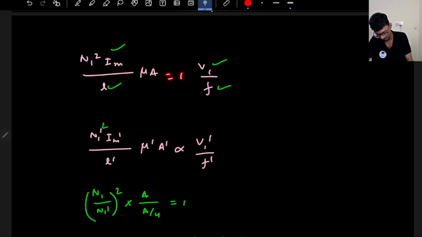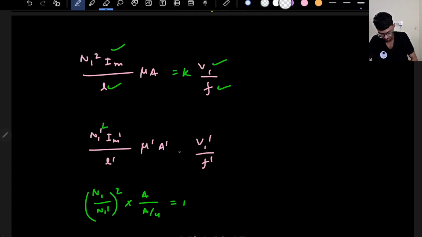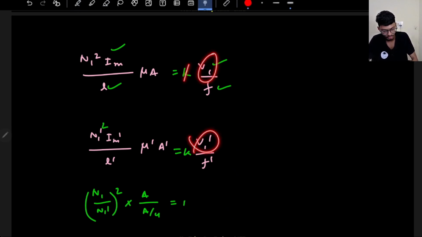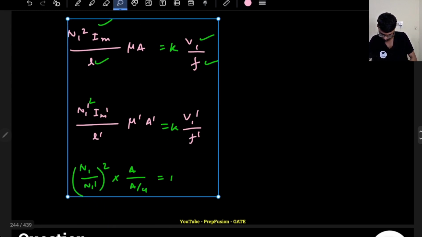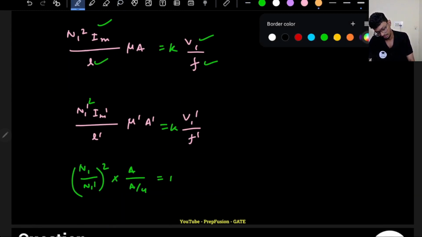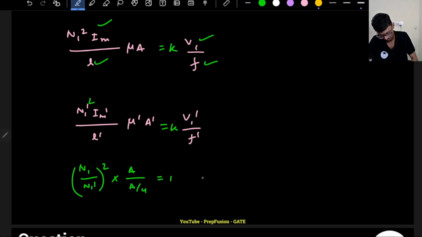I can write this equals some constant K into V1 by F, and this is also some constant K into V1 by F. So K will get cancelled, and V1 dash and V1 are not changing, F dash and F are not changing, so this will be 1. So from here I can directly comment that N1 dash will be equal to N1 whole square.